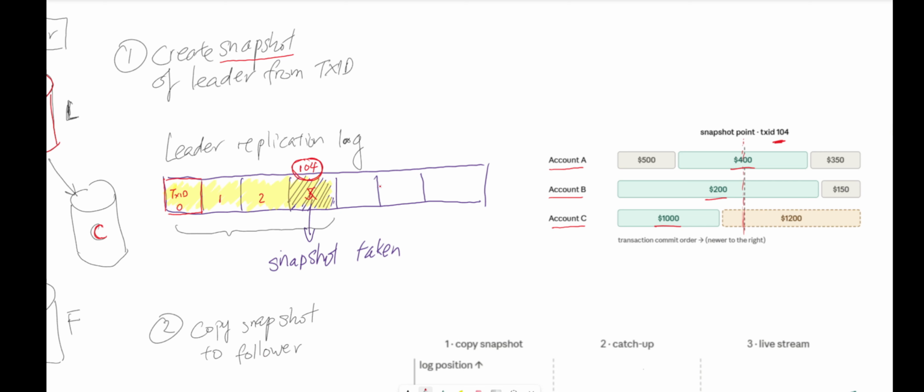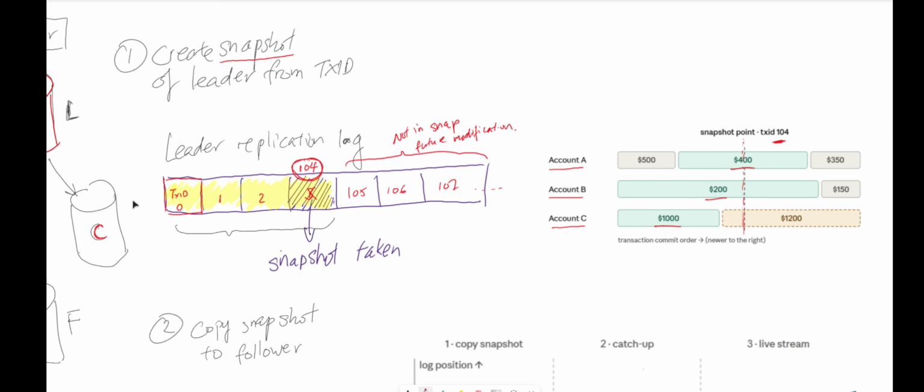And all of the TXIDs after 104, 105, 106, 107, etc., are not in the snapshot. This is in the future, our future modification.